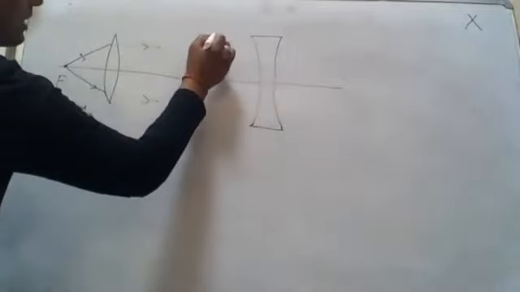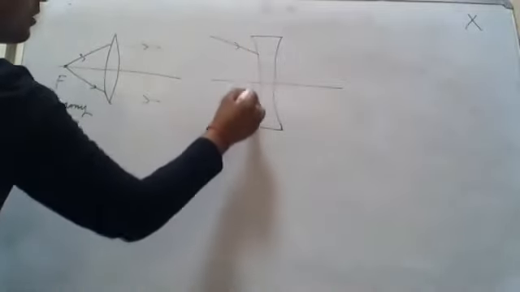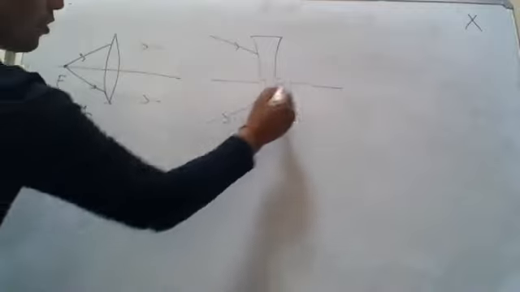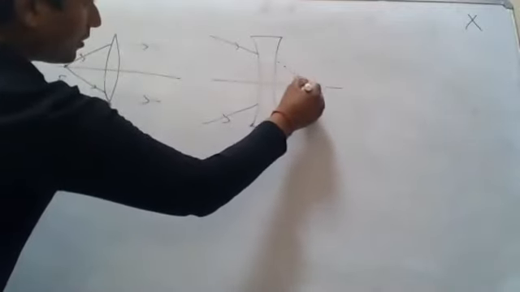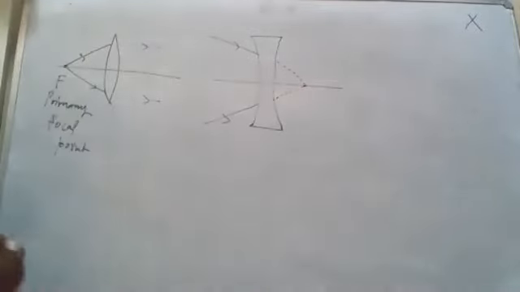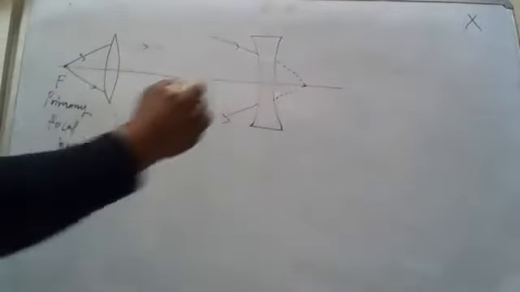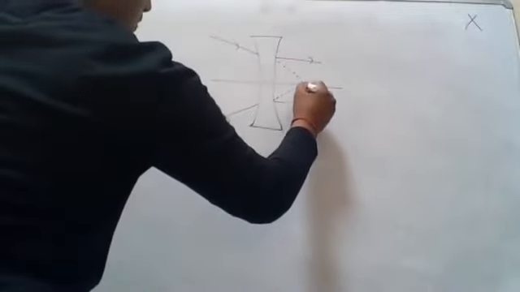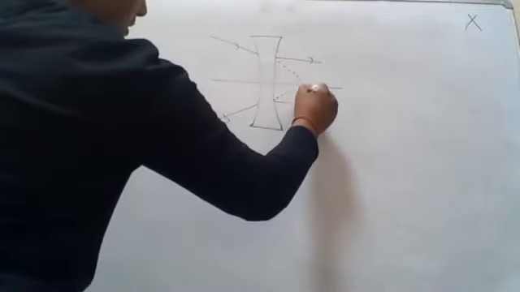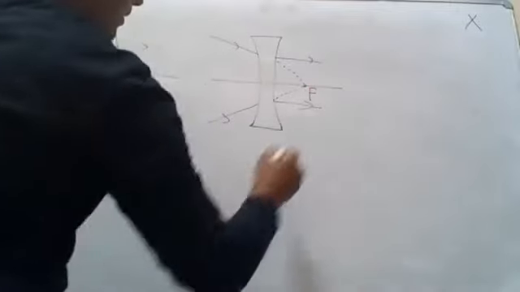Similarly, here the converging rays, which are supposed to meet at the focal point here, after the refraction become parallel. So this point is known as the primary focal point.